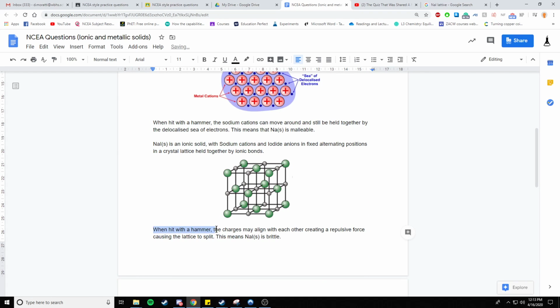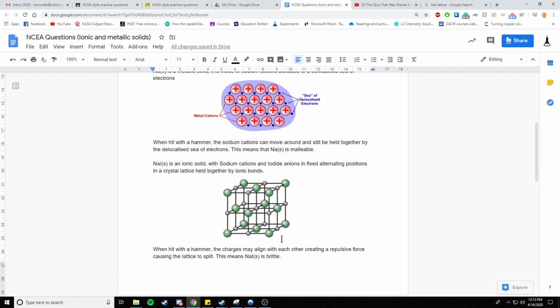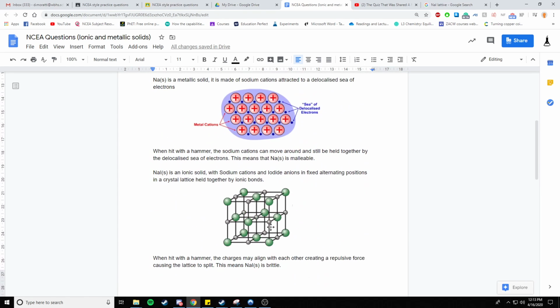When hit with a hammer, the charges may align with each other, meaning the anions and the cations may align with each other, creating a repulsive force, causing the lattice to split. This means that the sodium iodide is brittle. Okay, that's all you need to put, and that's an excellent answer right there.